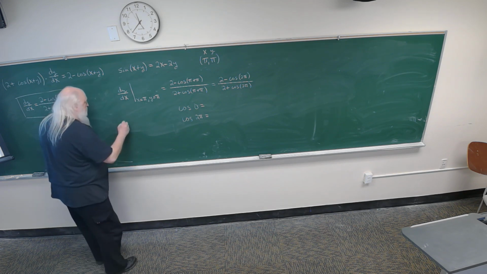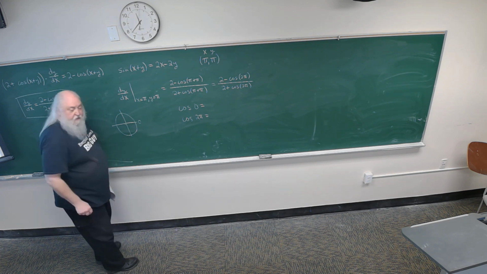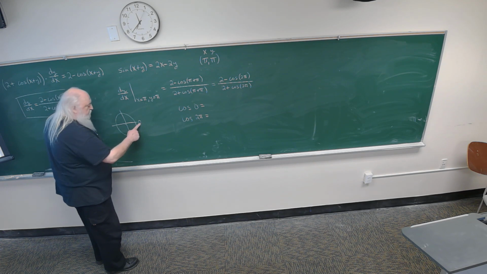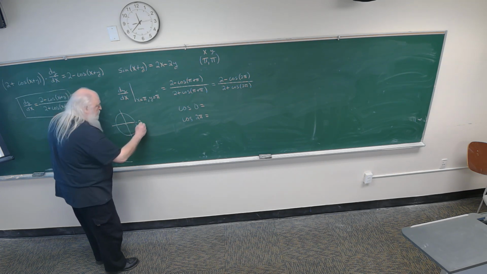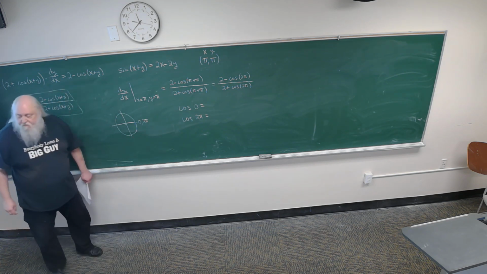So here's the unit circle. Here's 0 radians on the unit circle. So cosine is 0 radians, and then 2 pi is just a circle, right? So it brings you right back to where we started here at 0 radians. So cosine of 0 and cosine of 2 pi have the same value.